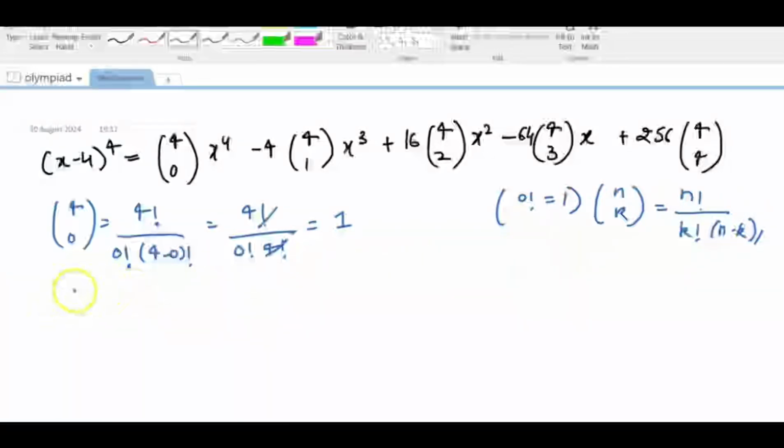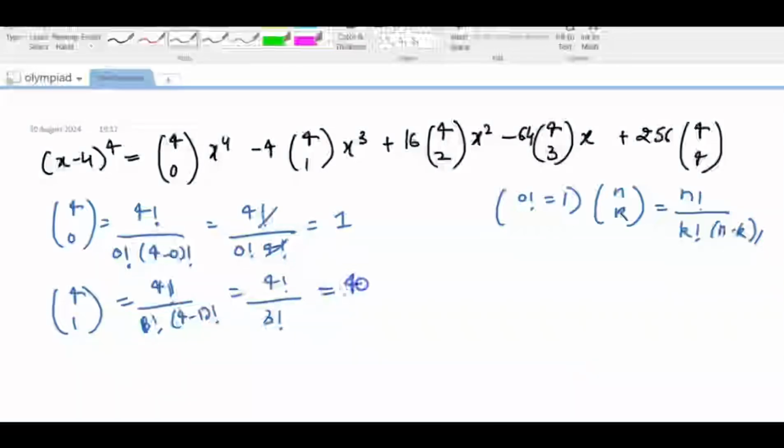Now 4 choose 1 would be factorial 4 divided by factorial 1 times factorial 4 minus 1, and this will give you factorial 4 divided by factorial 3, and this will be 4.